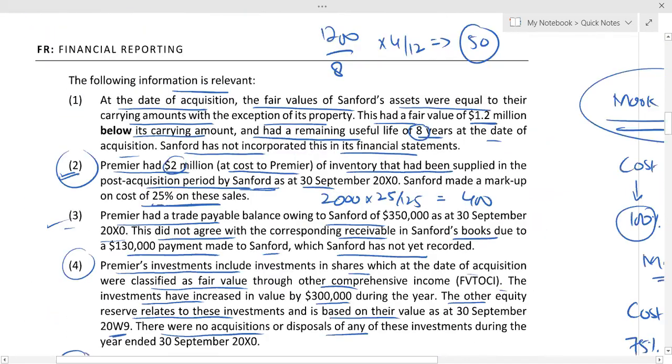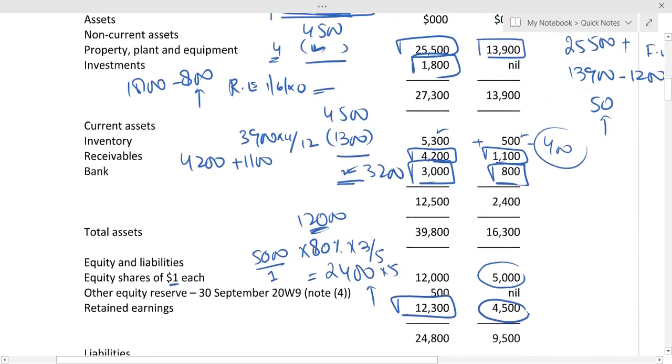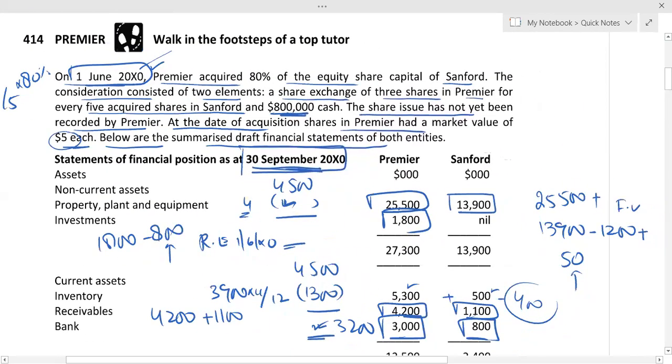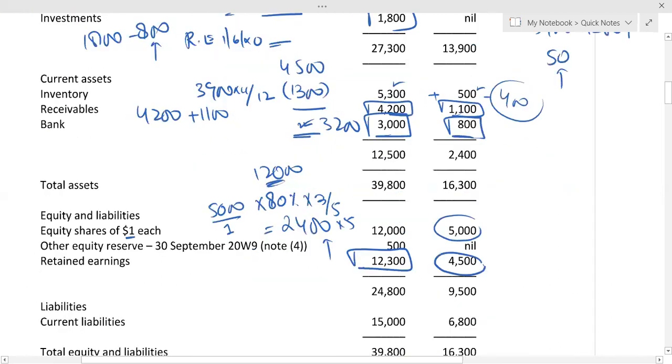Let's come here. It's here. Subsidiary's share capital is 5,000, par value 1. If I divide 5,000 by 1, I'll get 5,000. Parent has acquired 80%. 80% of 5,000. Then parent has issued 3 shares against 5.